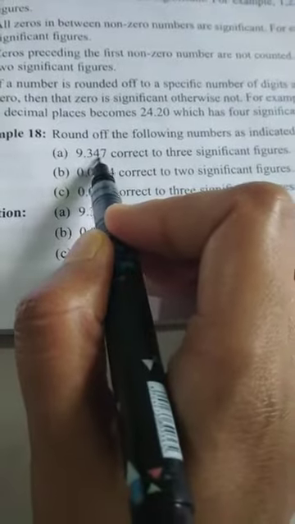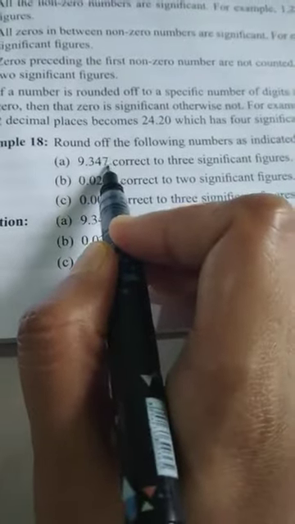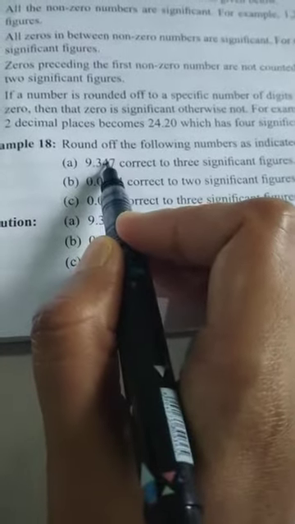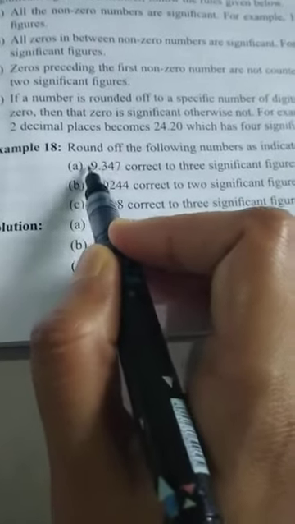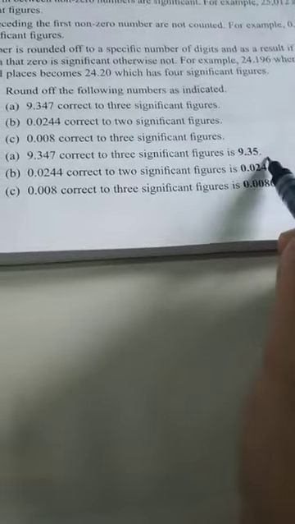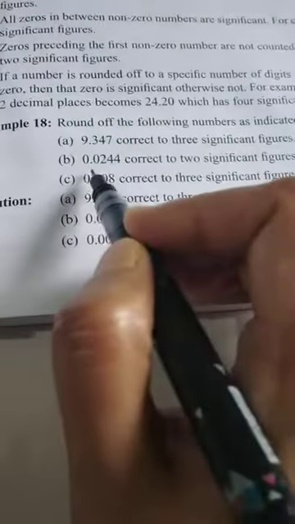But you have to round off up to 3 significant figures, means up to here only. Just after this is 7, which is more than 5, so this 4 will be increased by 1 and become 5. So 9.35 will be the rounded figure, correct to 3 significant figures. Got it? Next question.